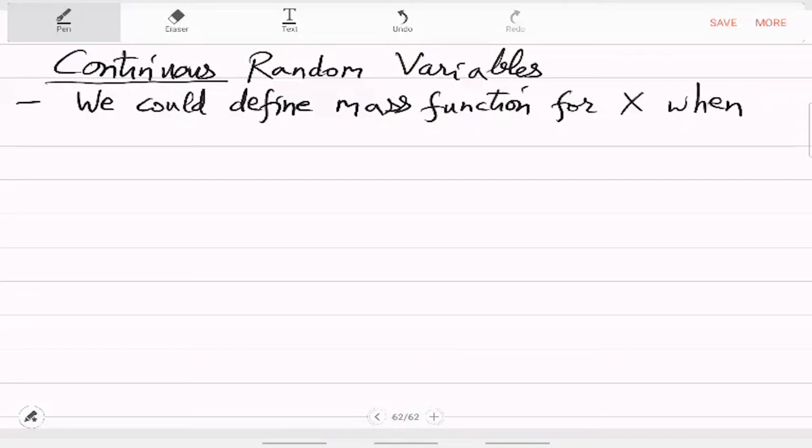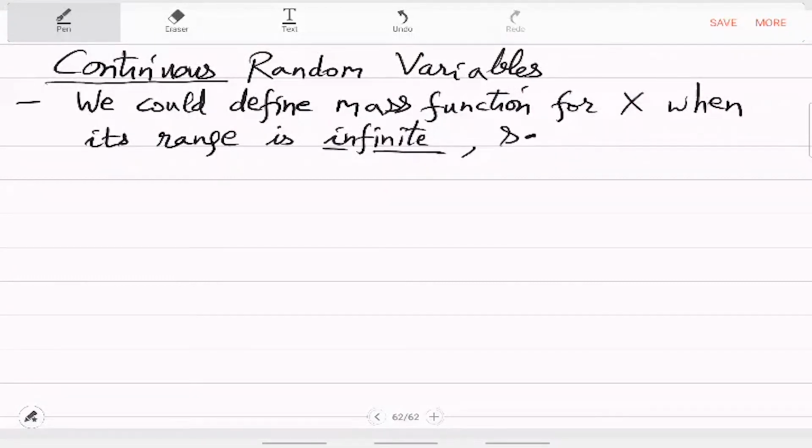When its range is infinite, and it is actually continuous. So, you can say that the range is all the real numbers, okay, and in these real numbers you are interested now in what is the probability that x takes a value epsilon, epsilon being a real number.